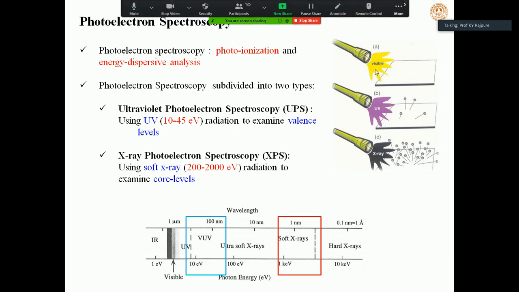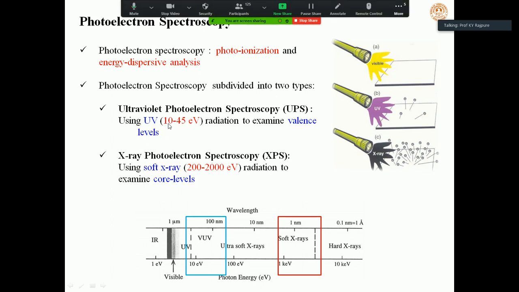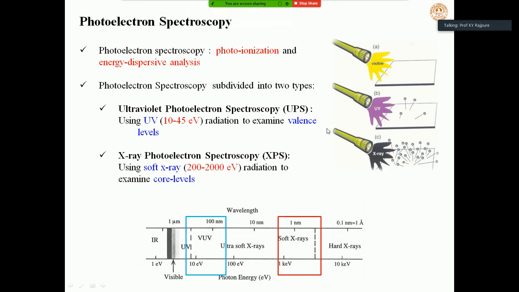It is not sufficient to remove the electrons from the material, but the UV energy is sufficient and a bigger amount of electrons can be emitted. With this UV radiation we can analyze the valence levels of the material, and the energy of the UV is between 10 to 45 electron volt. This spectroscopy is called ultraviolet photoelectron spectroscopy.